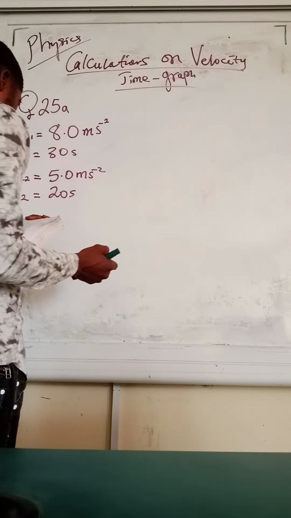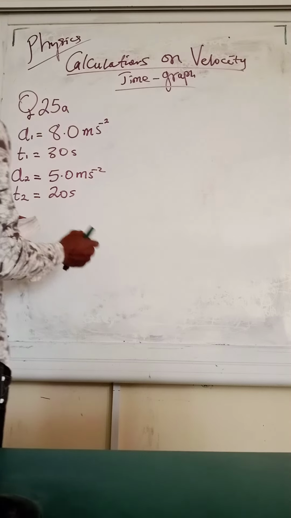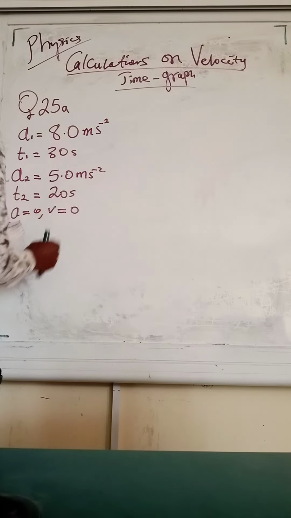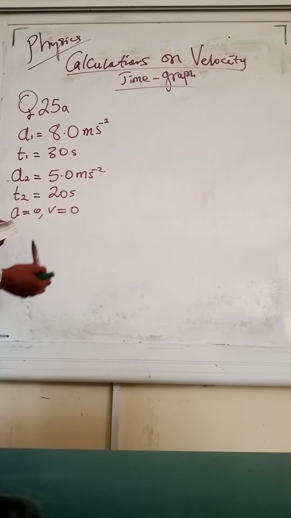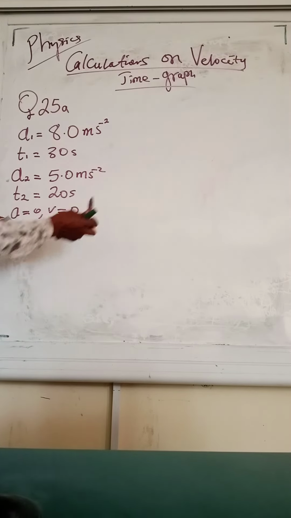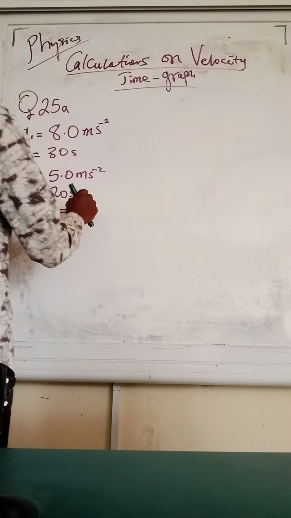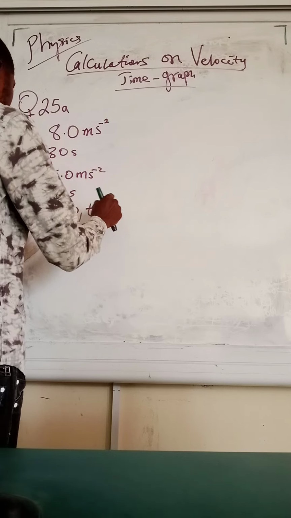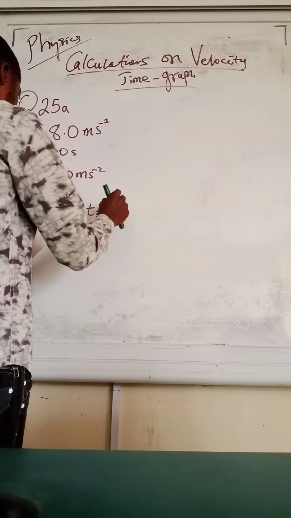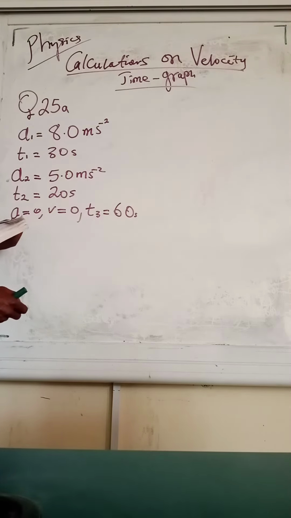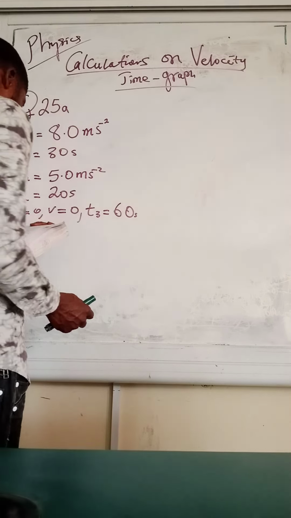The body maintains the speed attained for 60 seconds. What I'm saying is there was a constant speed. When we say acceleration is constant or speed is constant, we mean a is 0. And this happened for time t3, a period of 60 seconds, after which it is brought to rest.